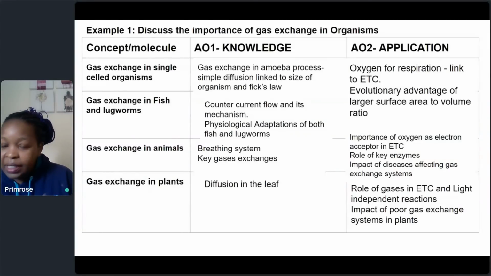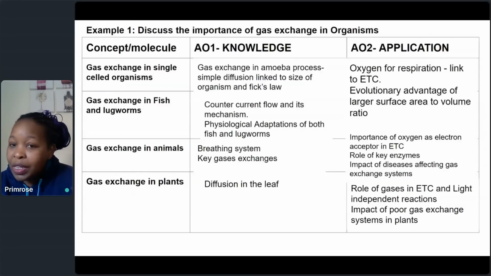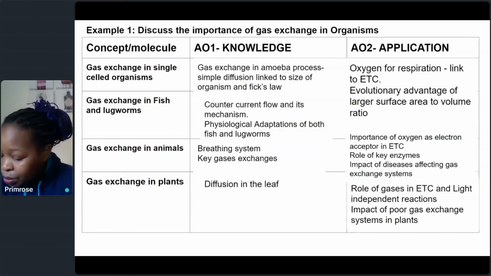So if I said gas exchange is important as it provides oxygen for respiration, then I would describe the ETC process, and then I would talk about the ETC and maybe its differences, which would be beyond the spec, in fish compared to humans, compared to single-celled organisms, and which organism needs the electron transport chain more. So as long as you've mentioned it in a general context across, yes, you don't need to repeat it at all.